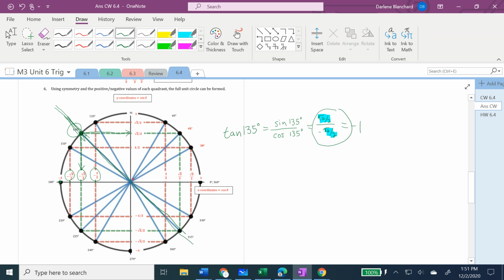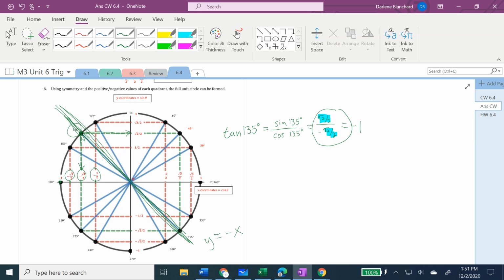But if I asked you to draw this line that goes through the origin, that's actually the line y equals negative x. And the slope of that line is the same thing as its tangent. So it's just negative 1 and negative 1.